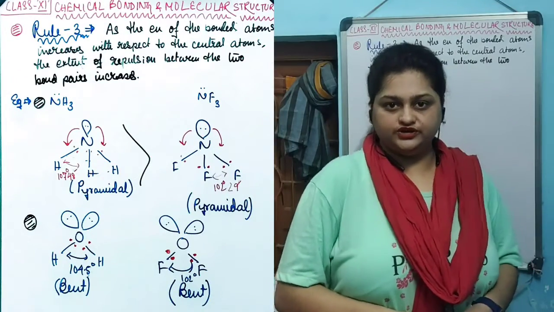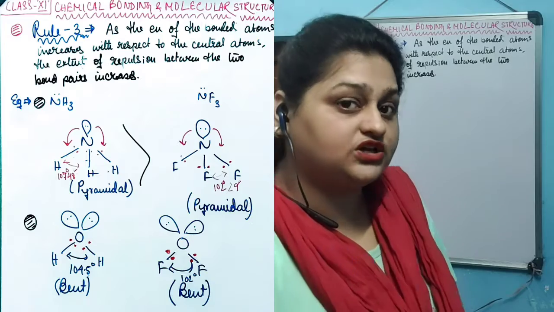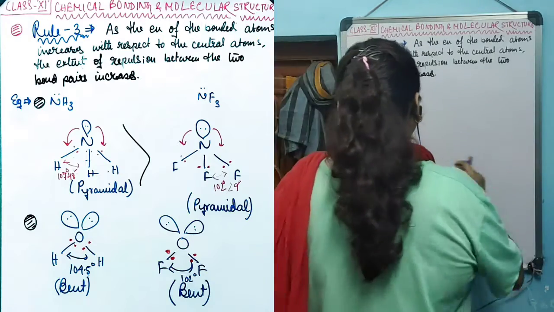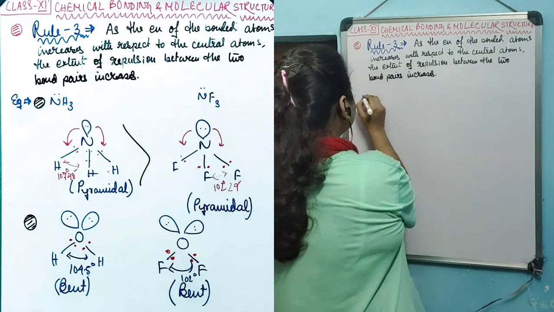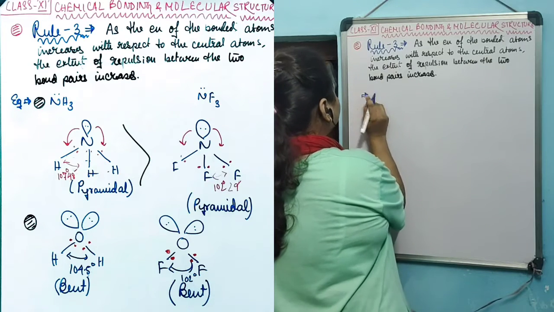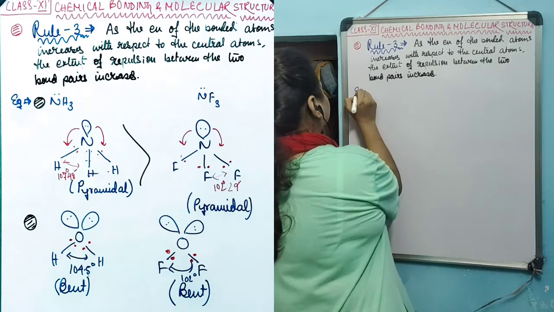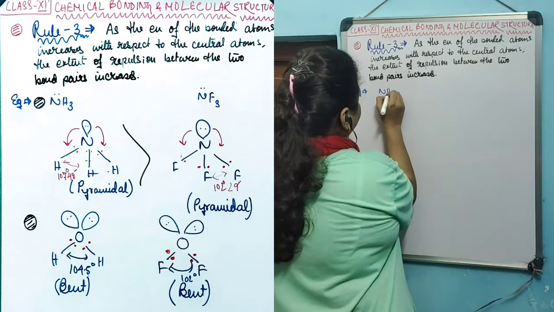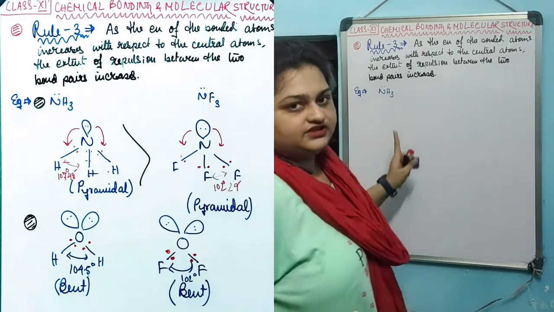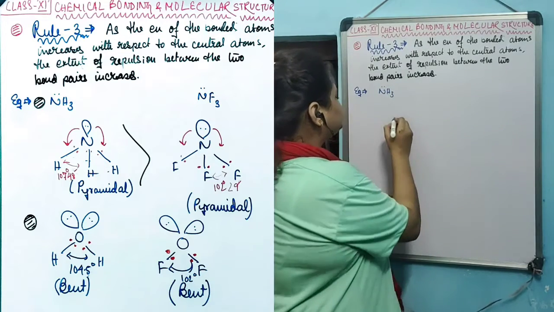Let's study two different kinds of molecular structure. Let's study this first molecule. This is NH3. We already studied this one. We know that nitrogen is the central atom.